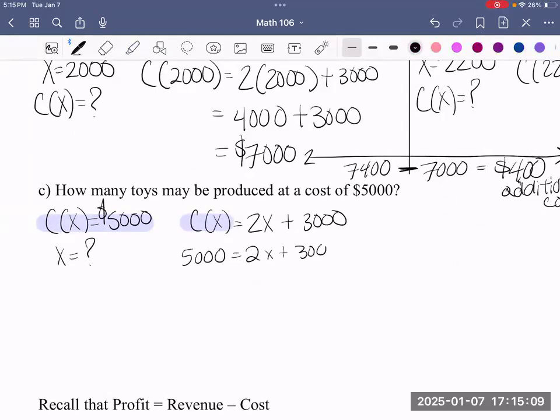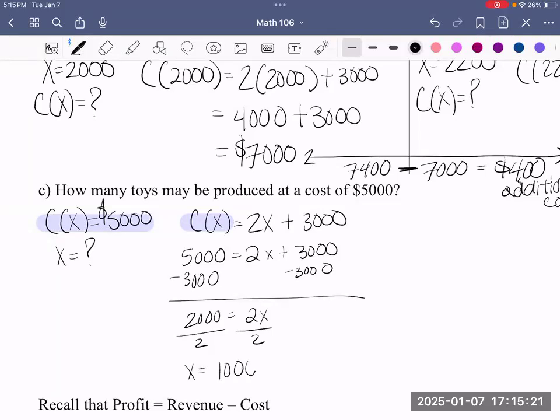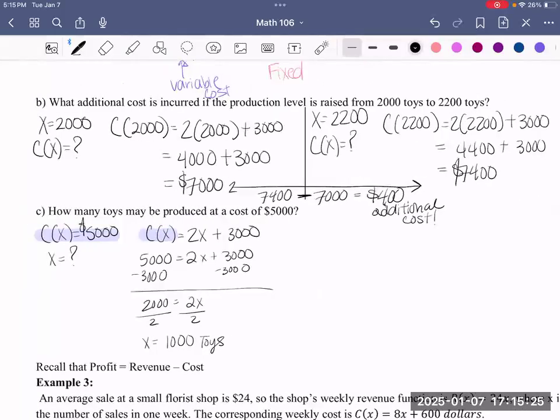And now we have to solve for x. We subtract your 3,000, you get 2,000. Divide by 2. So x is equal to 1,000 toys. So in order to have a cost of $5,000, it's going to produce only 1,000 toys.